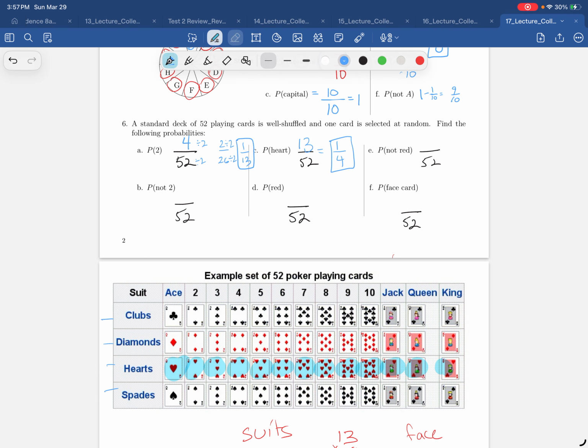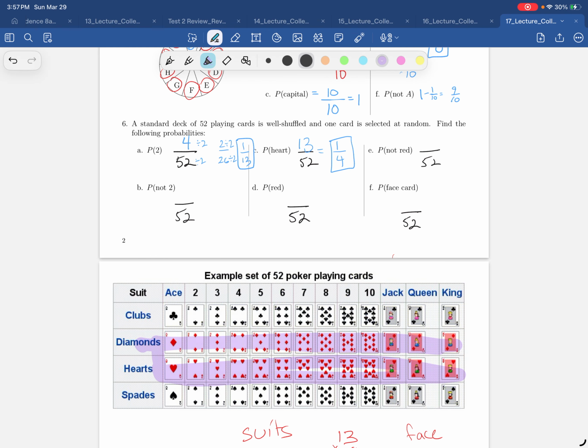Next, let's look at the probability of not red. Well, if I want, I could go through and identify all the ones that are red cards, so that's here and here, and now I can just count how many are not red. And if we take a minute to do all that, you can see we're going to get 26 of them. Right?